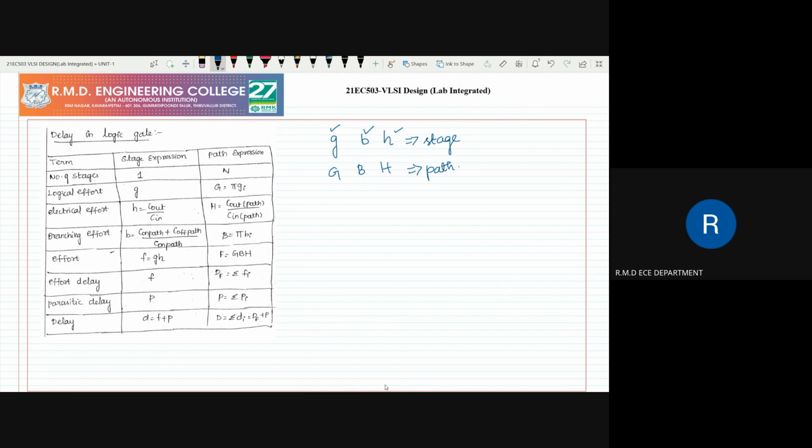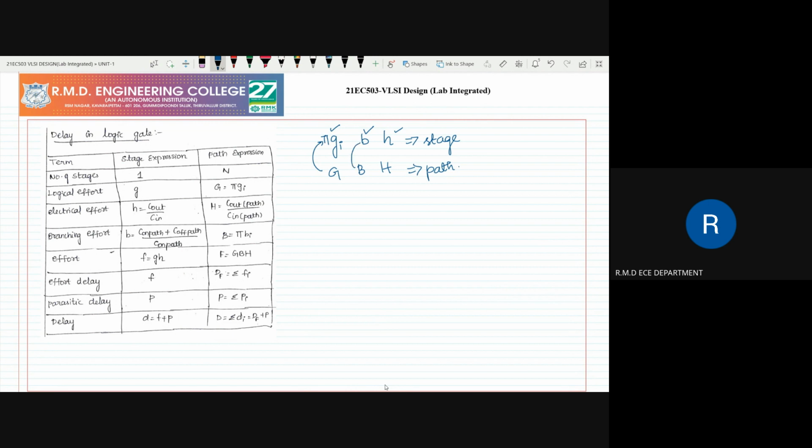The first formula: capital G is equal to the product of g, that is the product of the stages. h is equal to the output capacitance divided by the input capacitance. If it is a path, it is the output path divided by the input path. Then b is the branching effort: on-path plus off-path divided by on-path.